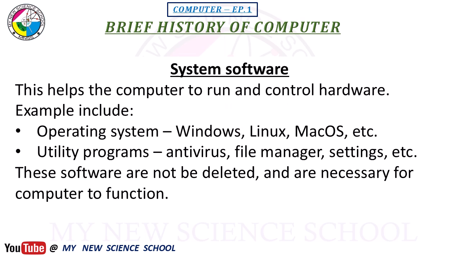Then let's move to the next type of system software. We have utility programs. Utility programs are those programs installed by the manufacturer. That means they are system software which you cannot edit, or let me say you cannot remove them from the system. Examples include antivirus, file manager, and settings.